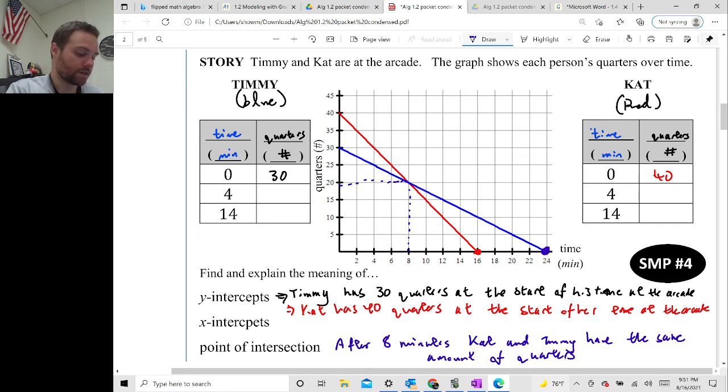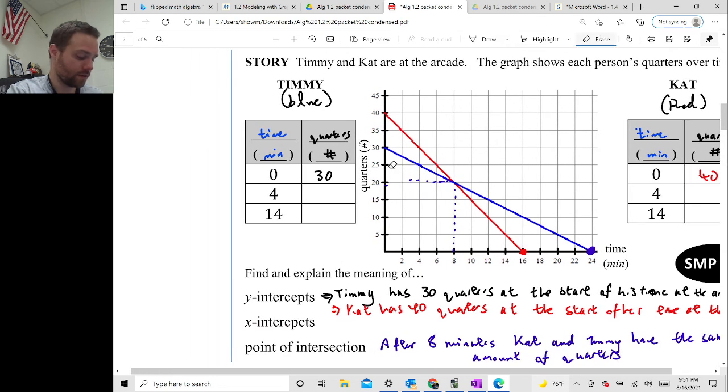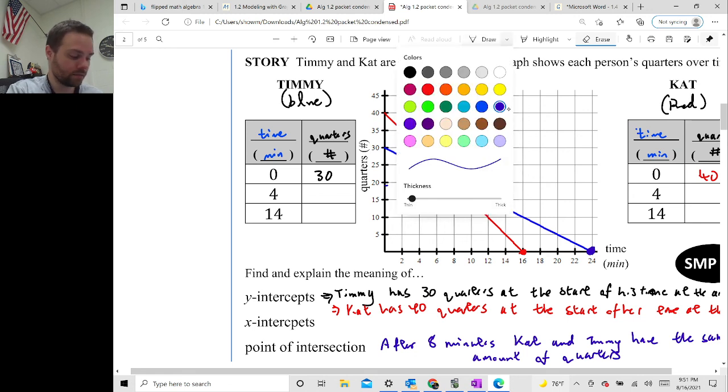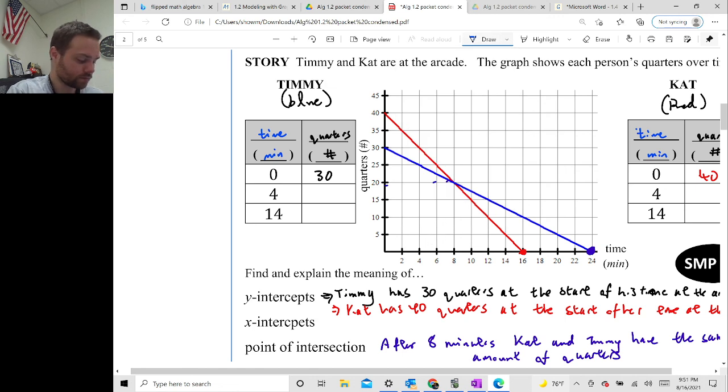The only thing that's left to do is fill these charts out and see where we're at. So I'm going to do that. I'm going to look at Timmy's graph first, which is the blue line. I want to see where his value is after 4. So after 4 minutes, Timmy has 25 quarters. So he spent 5 quarters in 4 minutes. And then after 14 minutes, he's still going strong. He's somewhere between 10 and 15.